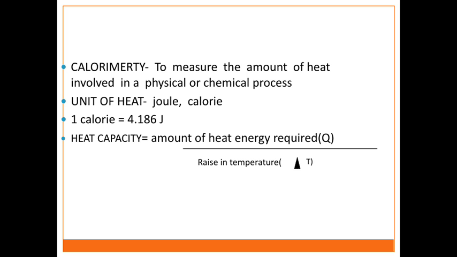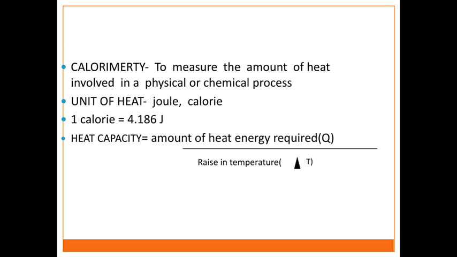So I'll repeat again. The amount of heat energy required by a substance to raise its temperature by 1 degree Celsius or 1 Kelvin is called heat capacity. That is mentioned in the formula: the amount of heat energy required is denoted by Q, and the rise in temperature is delta. What's the delta?